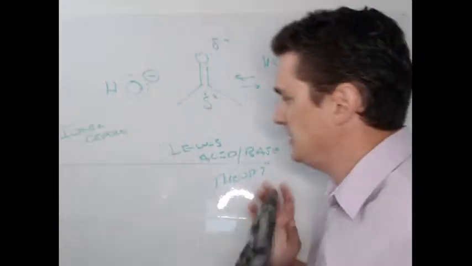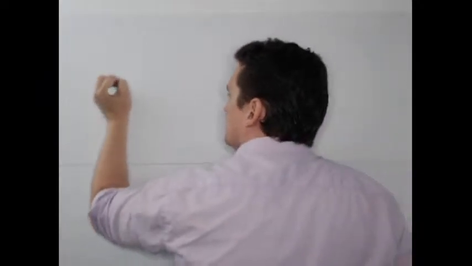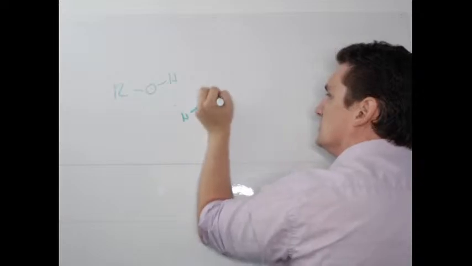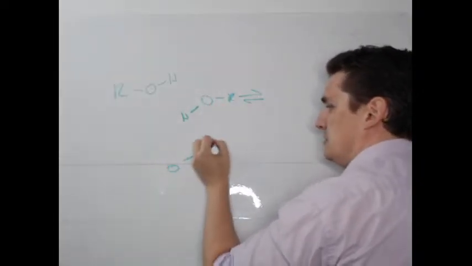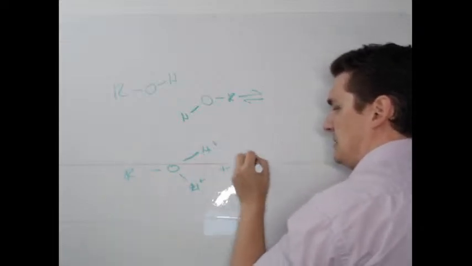So hydrogen bonding is a good example of this. With hydrogen bonding, we have an exchange of hydrogen atoms to make this work. So we've got a hydronium and some type of hydroxide.